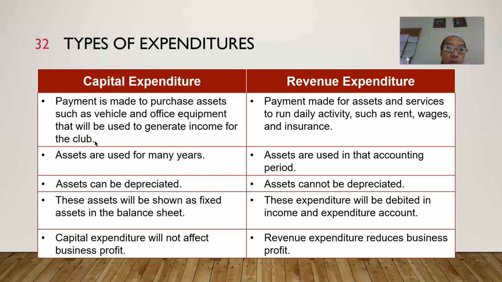When we purchase long-term assets such as vehicles and office equipment that we will get the benefit from for over 1 year, that is called capital expenditure. It is expense in order to obtain a fixed asset that will be used to generate income.